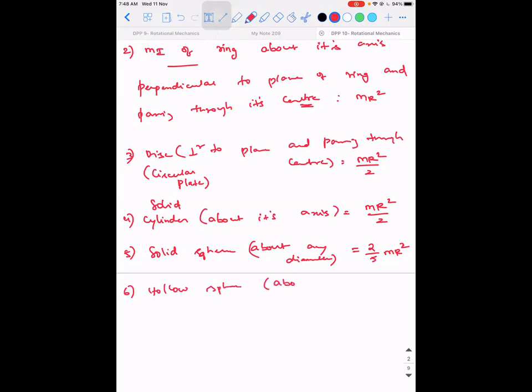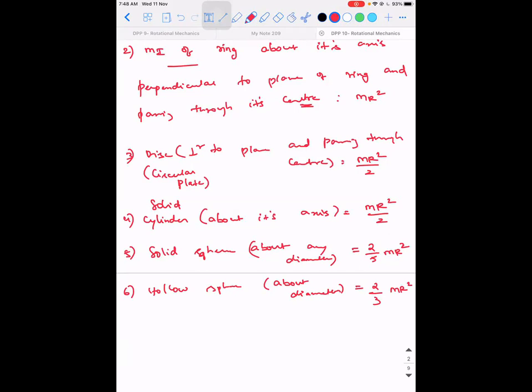So hollow sphere also about diameter. It is 2 by 3 mr square. Okay. So these are all the values that we are supposed to know as of now to solve problems.